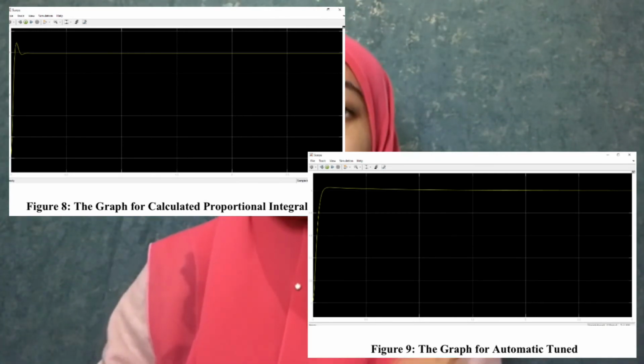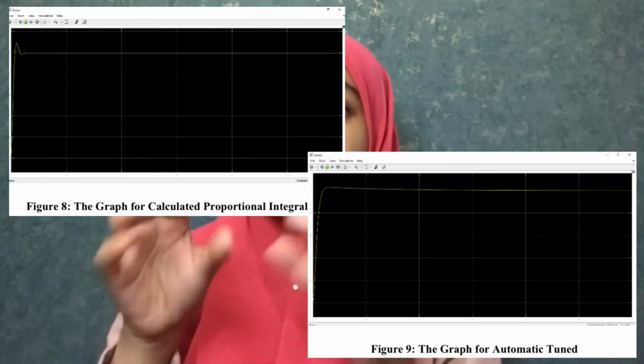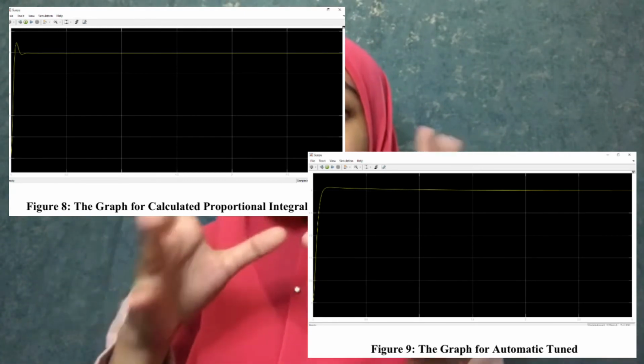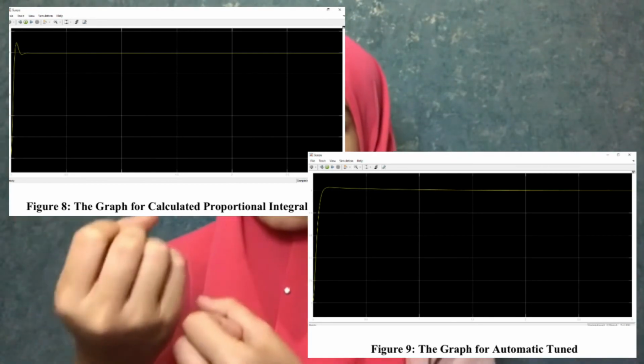For the second one, I want to compare the graph for the proportional integral controller. As you can see, the calculated graph and the automatic graph are slightly different. The rise time for the calculated graph is lower than the automatic graph. So the automatic graph needs more time to rise than the calculated one.